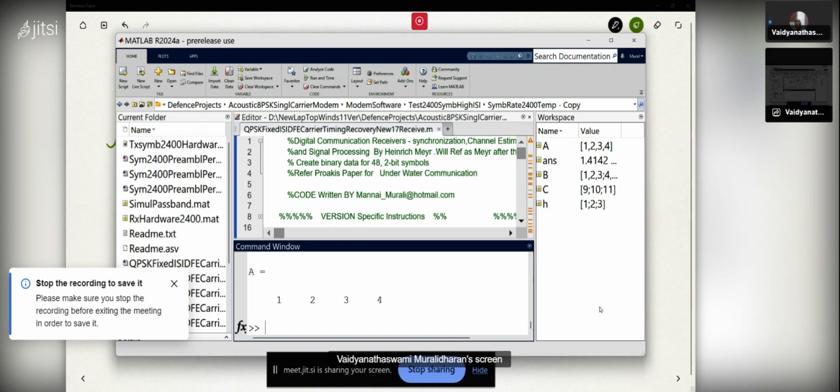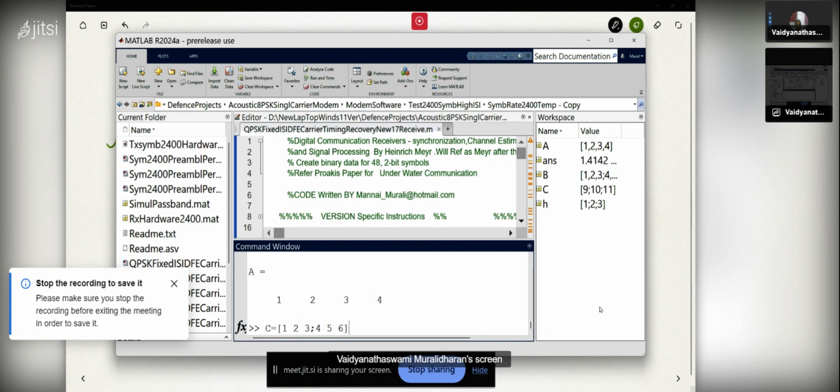Suppose we have another matrix. Let us have a matrix C: 1, 2, 3, 4, 5, 6.